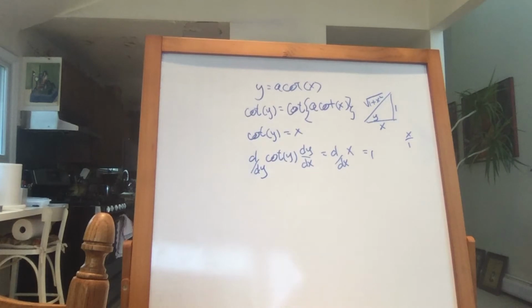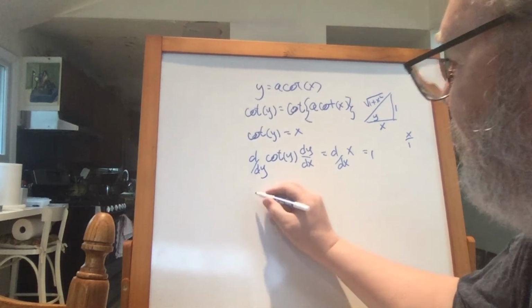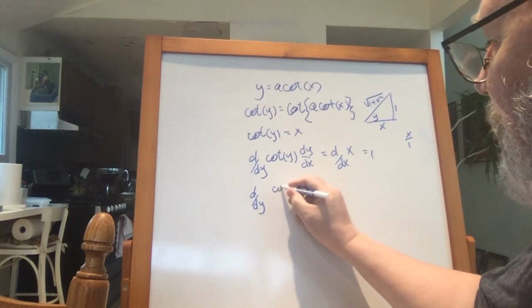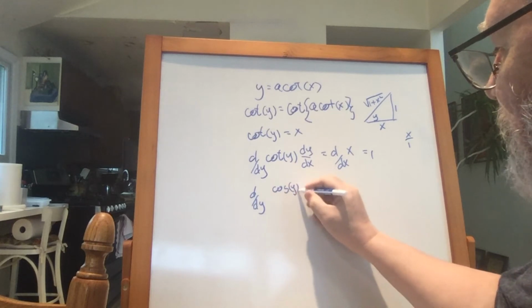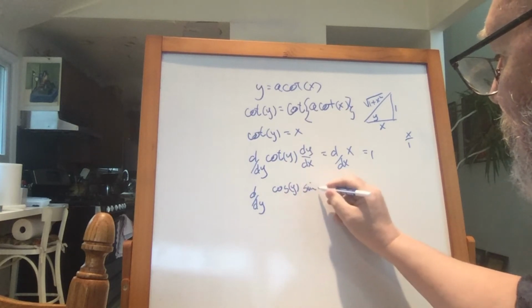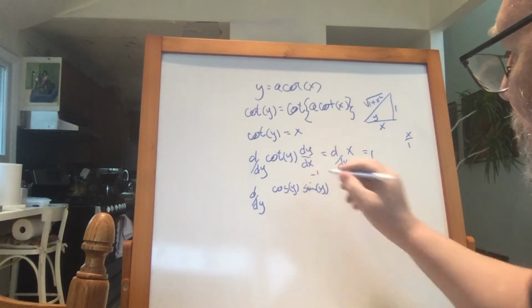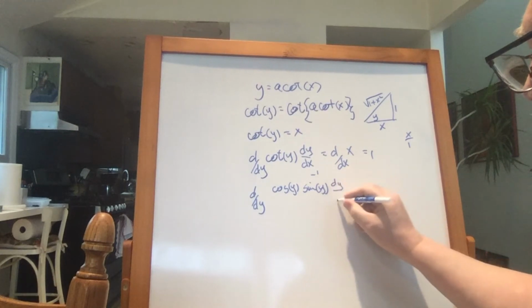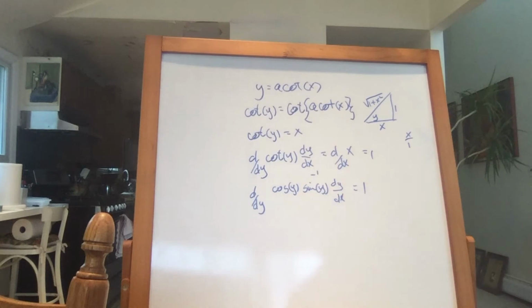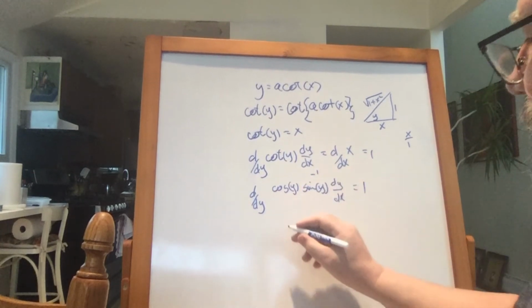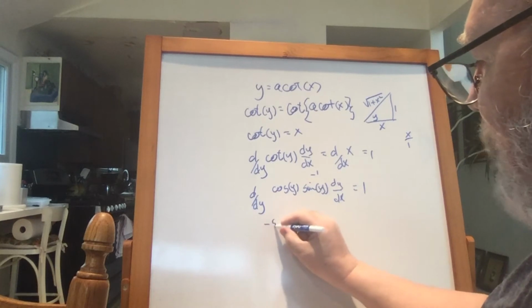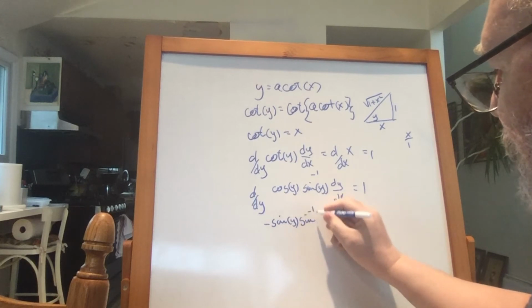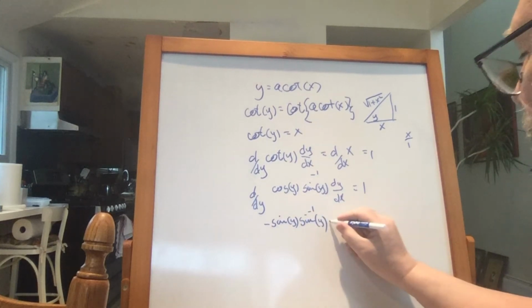Okay. So now I have the derivative, minus cosecant squared of y, dy/dx equals 1.